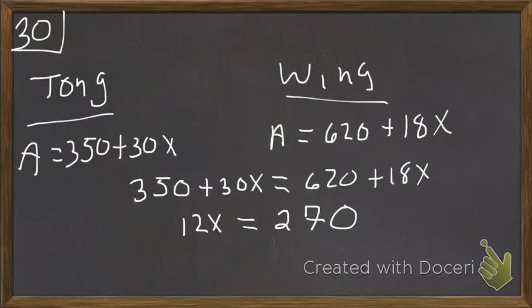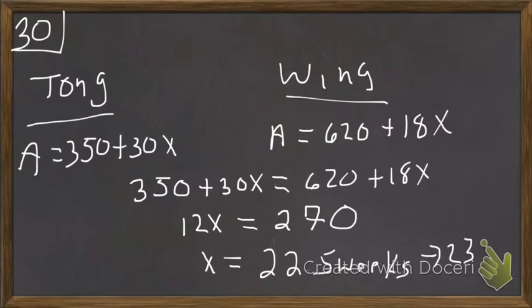And then if I divide each side by 12, I get x equals 22.5 weeks. So we should really say 23 weeks.